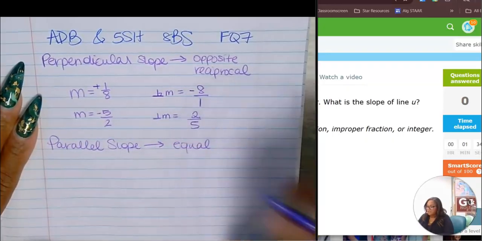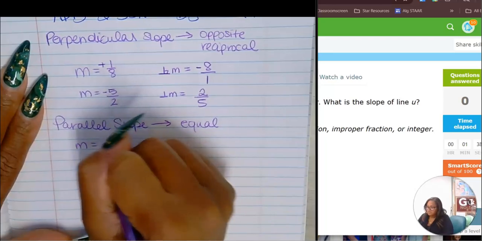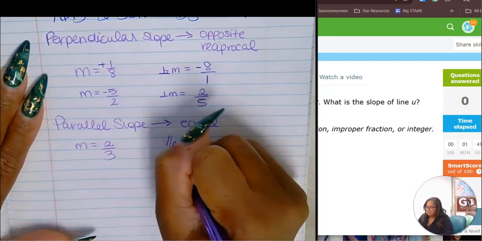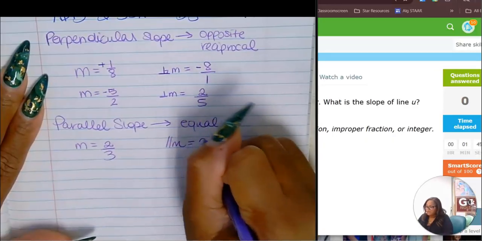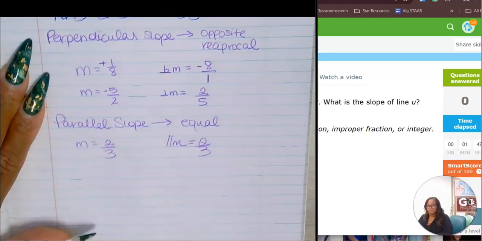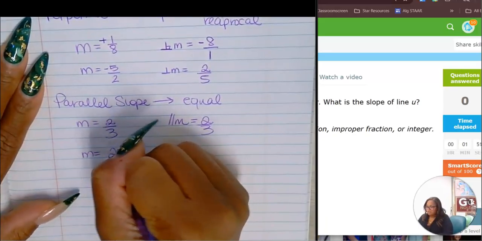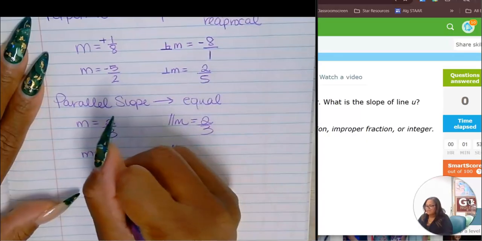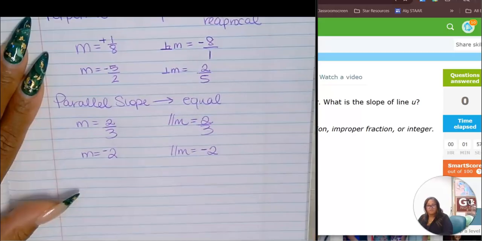The lines will never touch. So if M is 2/3, then the parallel slope, that's a symbol for parallel, and M for slope, is also 2/3. If M is, let's say, -2, the parallel slope is also -2.